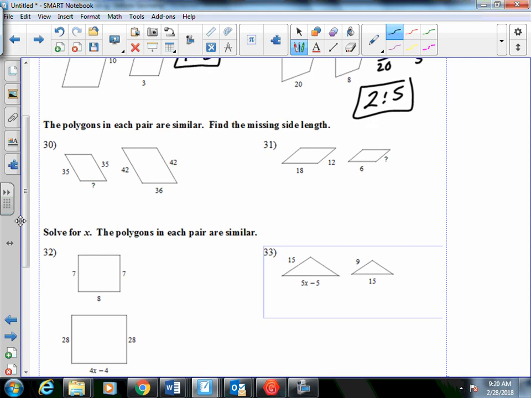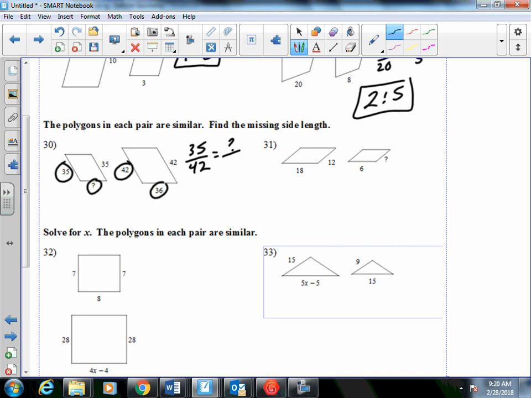All right, polygons in each pair are similar. Find the missing side length. Since they're similar, we can use a proportion to solve for the missing side. So 35 matches up with 42, and those should be equal to whatever this question mark is over 36.